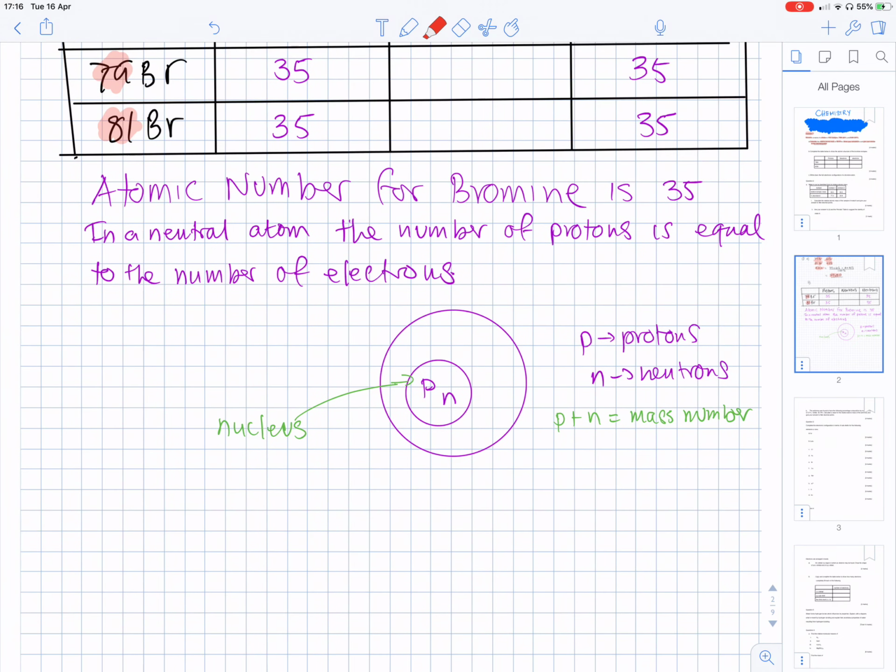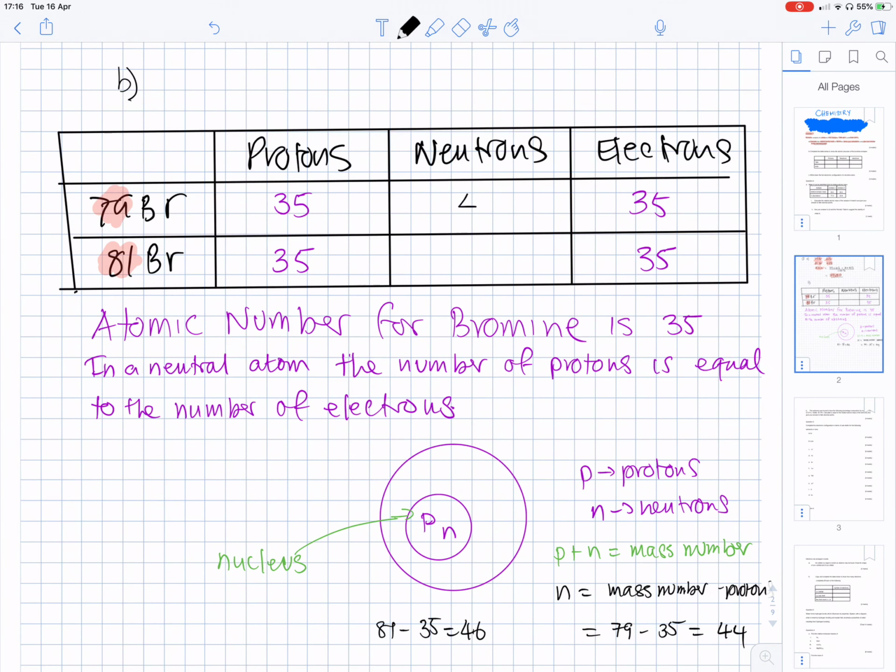So neutrons equals mass number minus the protons, which means it's 79 minus 35 and 81 minus 35. That will give you 44 for the 79, and 46 for the 81.